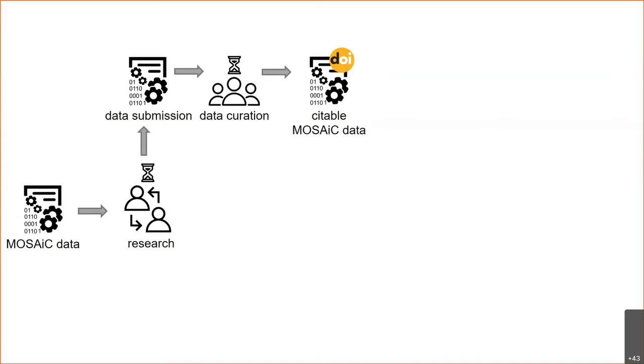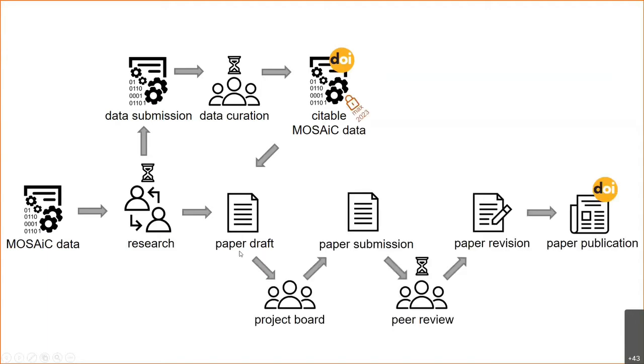It usually takes quite a bit of time. And so ideally, the citable MOSAIC data should already be included in the paper draft, and then the paper goes through the peer review. In many journals, it is actually compulsory that the data accompanying the study are also available to the reviewers, which is a very sensible approach. And so it is also very compatible with this approach we have for MOSAIC data publication.